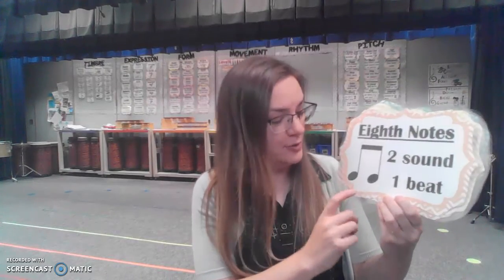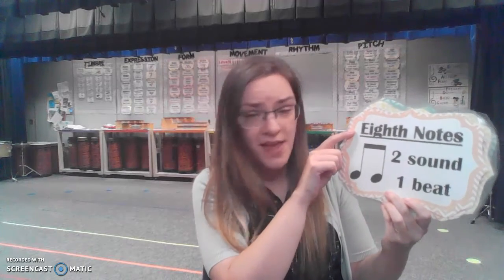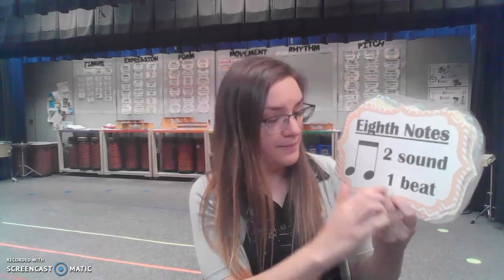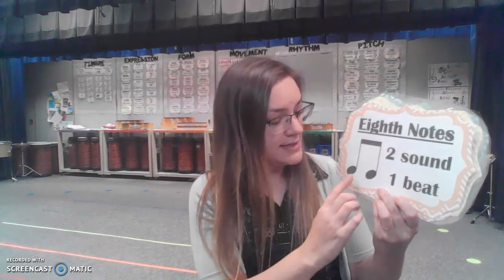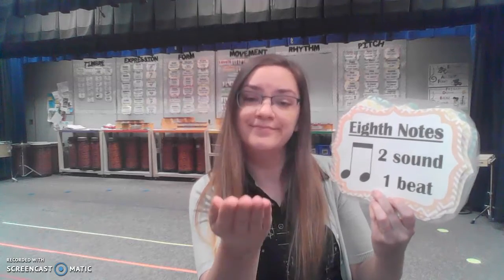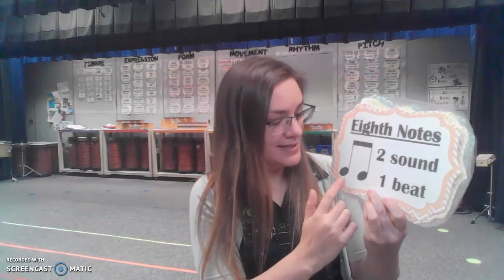Next up is eighth notes. You may notice that there are two note heads and two sounds. That's very much on purpose. Repeat after me. Eighth notes, two sounds, one beat, ti-ti.